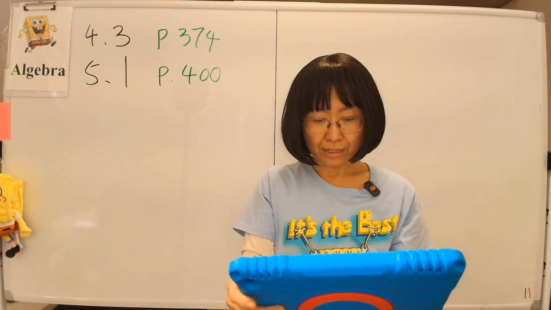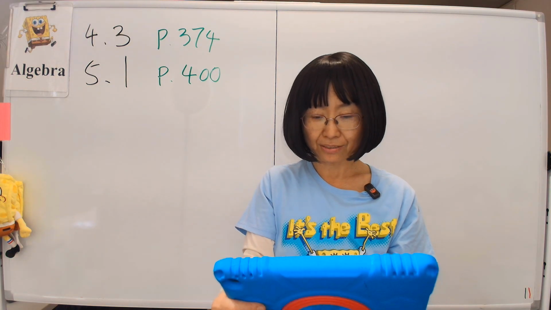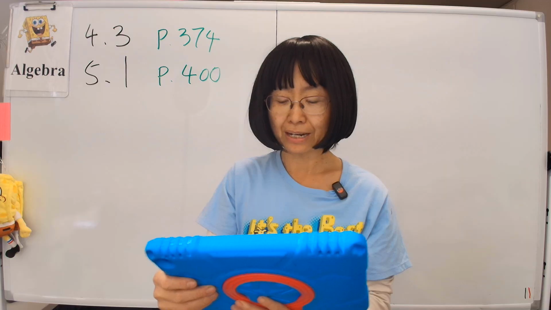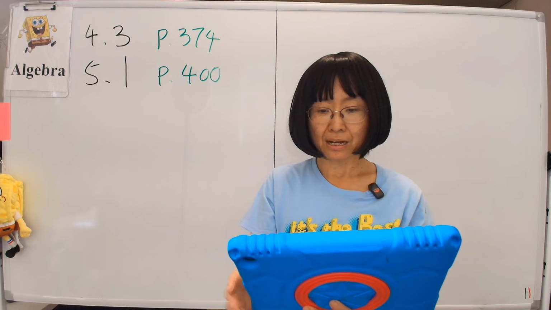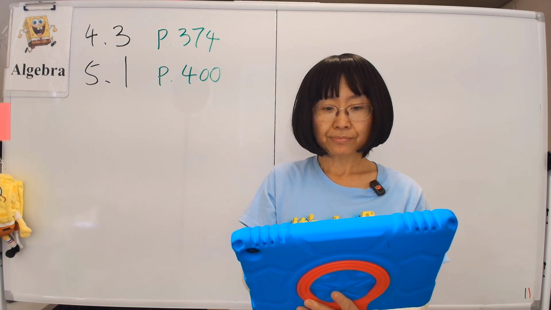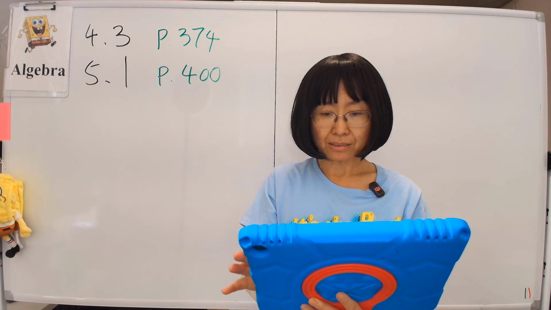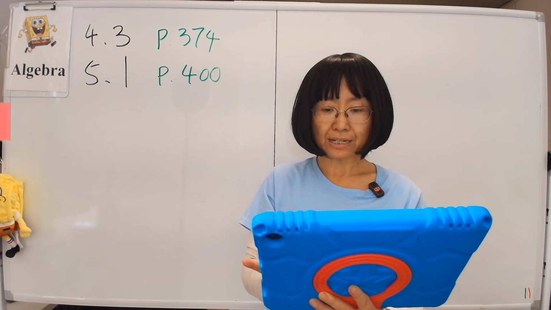Finally, it crosses the y-axis at some point. As you can see here, it crosses at y equal to 7. So (0, 7) is the y-intercept. Now let's turn to the next page.